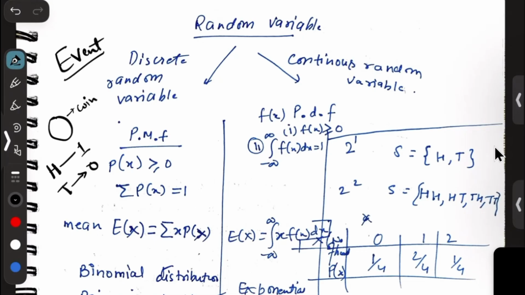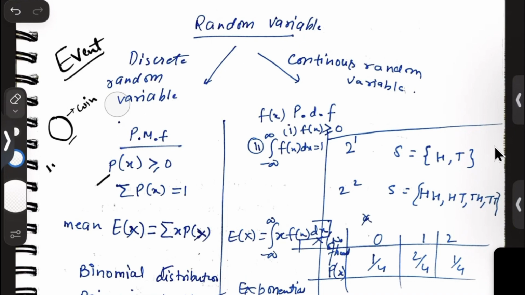This assigning of numbers is what we call the random variable. We denote it by x. So this is what we can understand from what a random variable is.